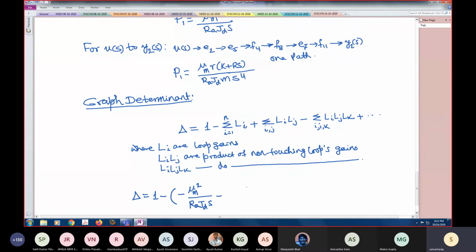L2 is minus R square K plus RS by ZDS square. And that one is minus K plus RS by MS square.